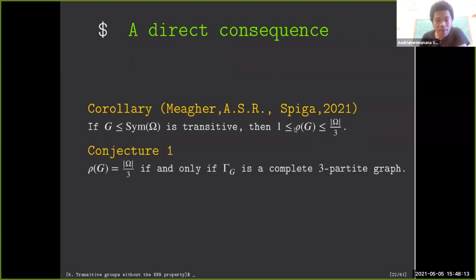And so our conjecture is the following. This upper bound holds with equality if and only if the derangement graph is a complete tripartite graph. So that's why the transitive groups whose derangement graphs are complete tripartite are important.